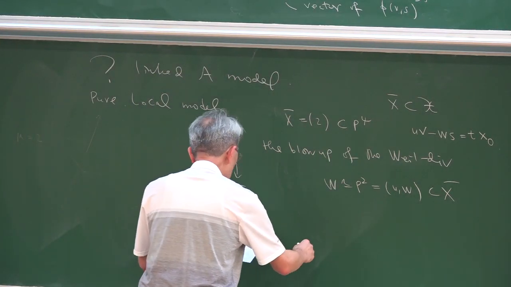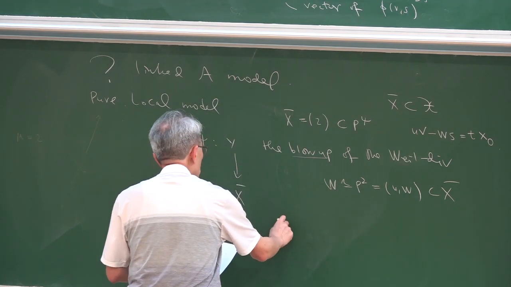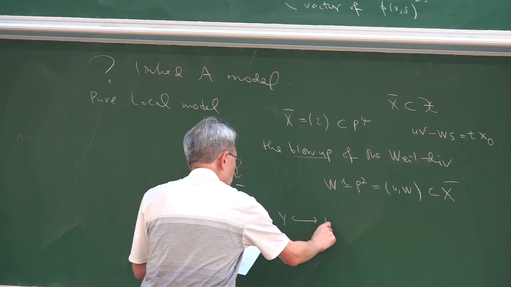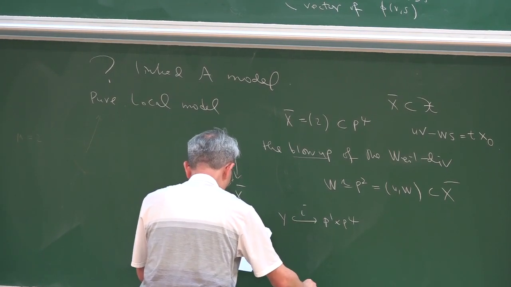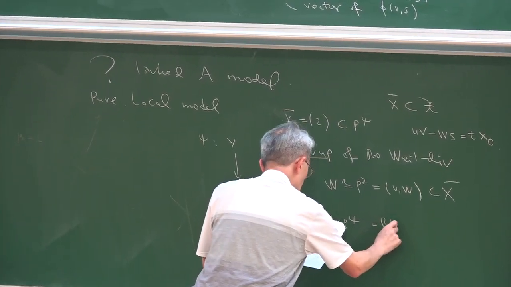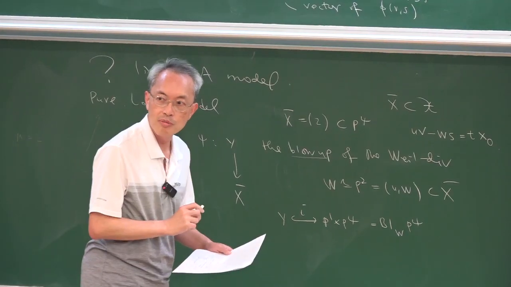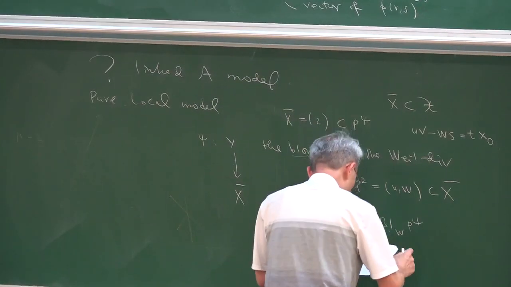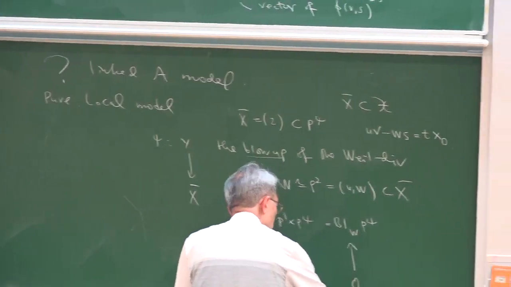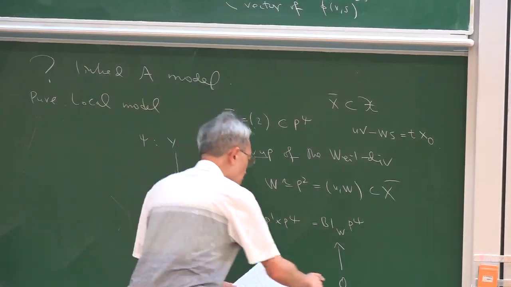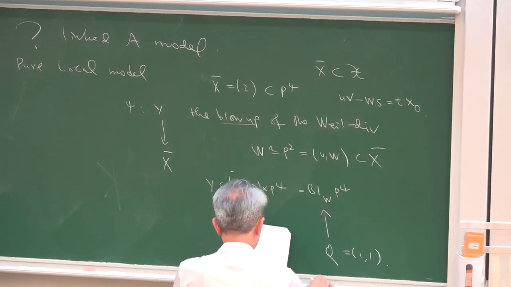But if you plot this one, which simply means what's the universal quotient bundle here. But this universal quotient bundle is a type 1-1 bundle.